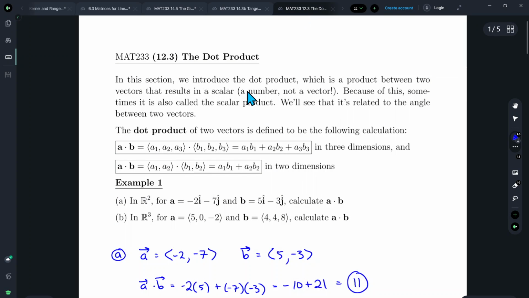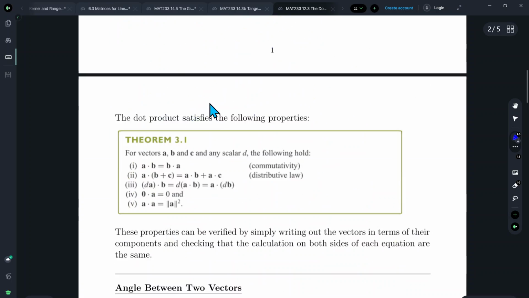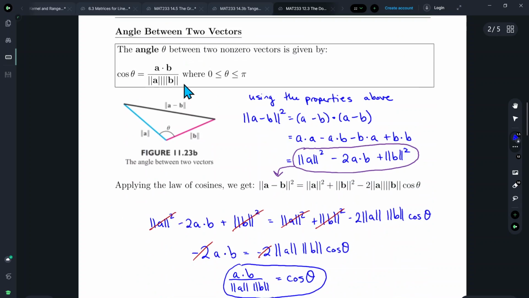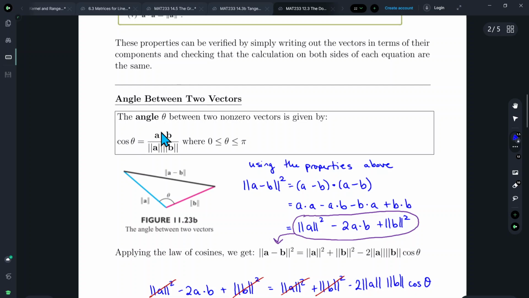Going way back to the previous discussion about the dot product, in section 12.3, we've seen that the dot product can be related to the angle between the vectors according to this formula here.